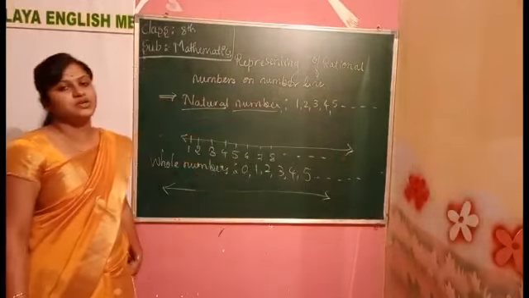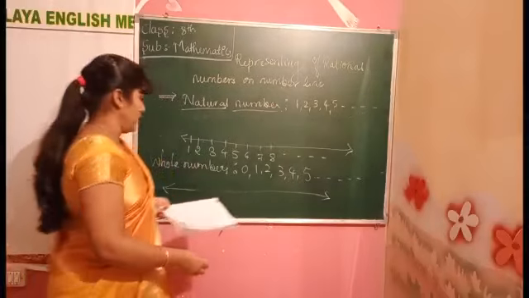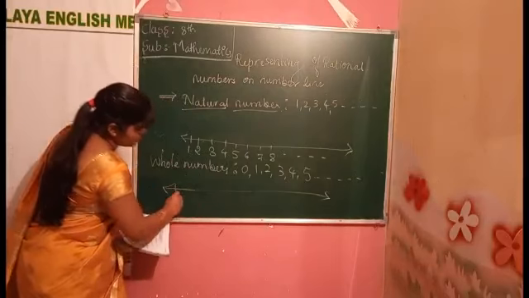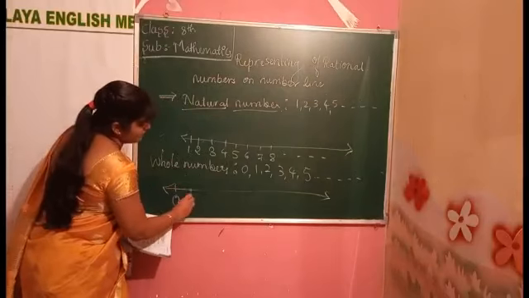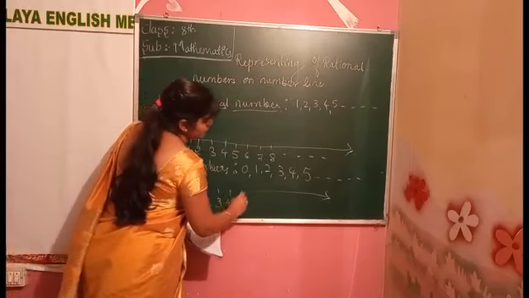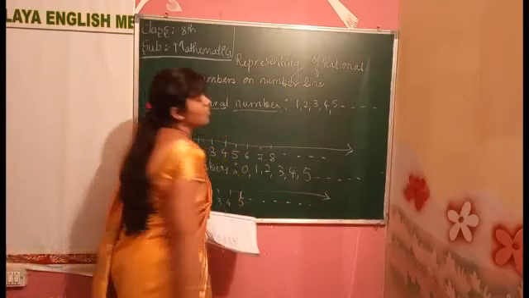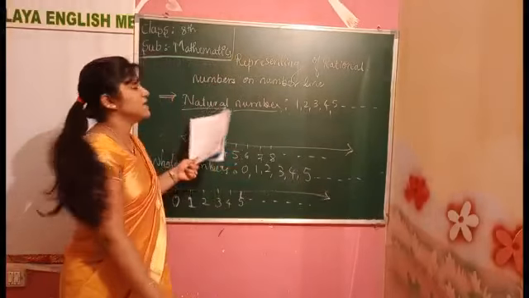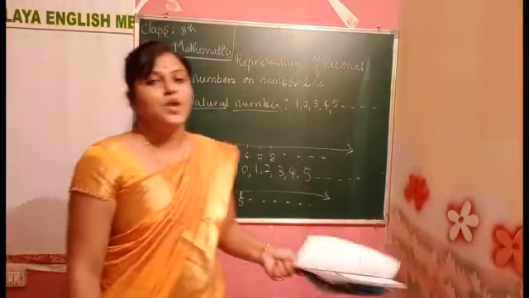That is the difference between the natural number and the whole number, understood? Okay, now we'll draw it on the number line. We'll start from 0 here: 0, 1, 2, 3, 4, 5 and it goes on. This is the whole number concept. The previous one is the natural number concept.